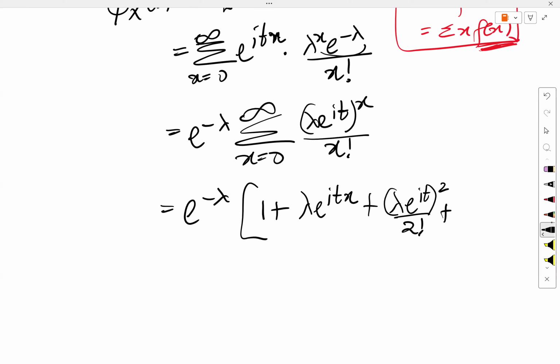And then the next one is lambda e raised to the power it raised to power 3 over 3 factorial. And that goes on like that.